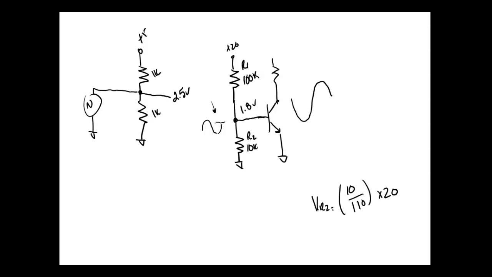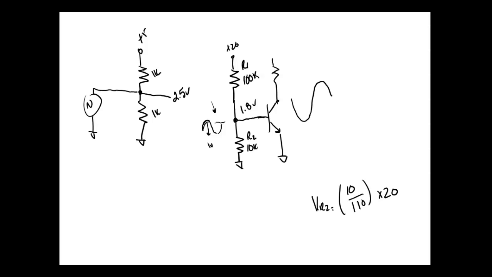So if I've got a voltage there, if this is 1 volt peak to peak, then when it goes up, those are basically voltage sources in series, and they would add.